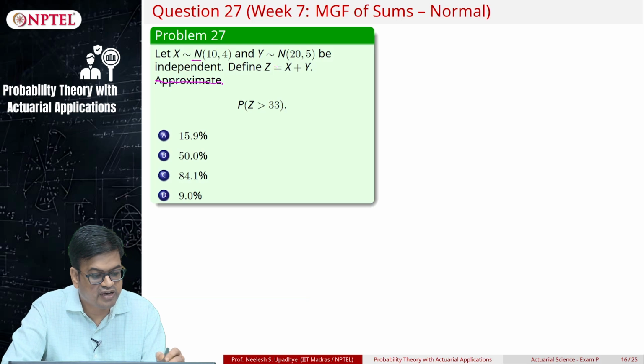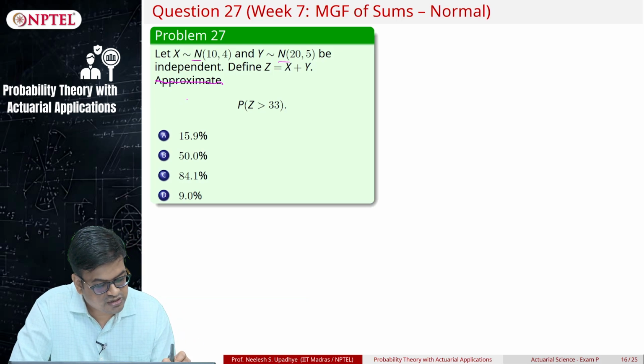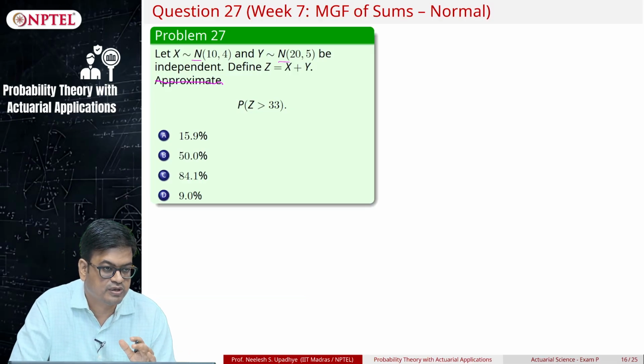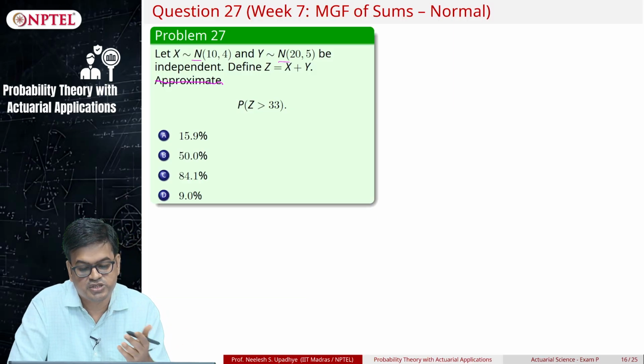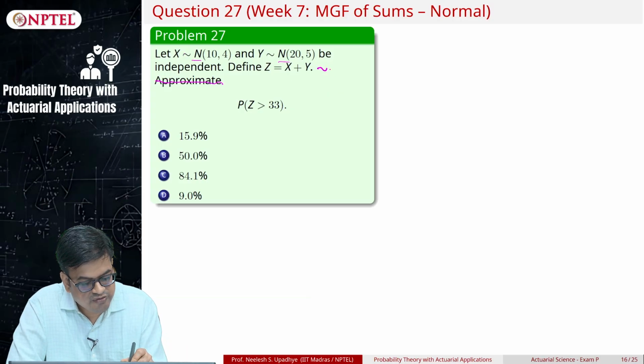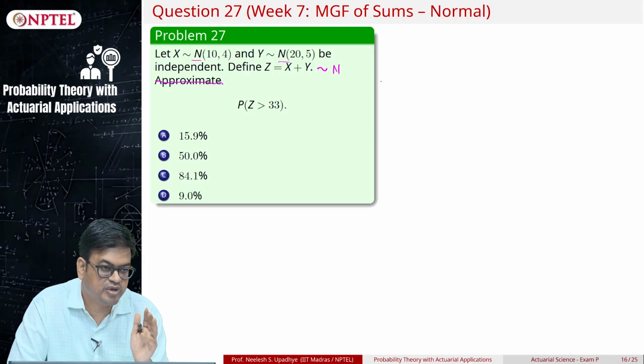Given a normal distribution, the sum is also a normal distribution. So, there is no confusion in this. You do not really require MGF of sum is normal. You simply know the reproducible property of normal distributions, and therefore, x plus y will follow normal distribution. I just need to figure out what is a mean, what is a variance. So, that is the main task.